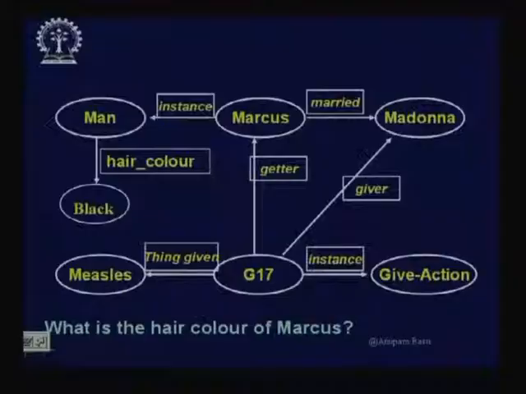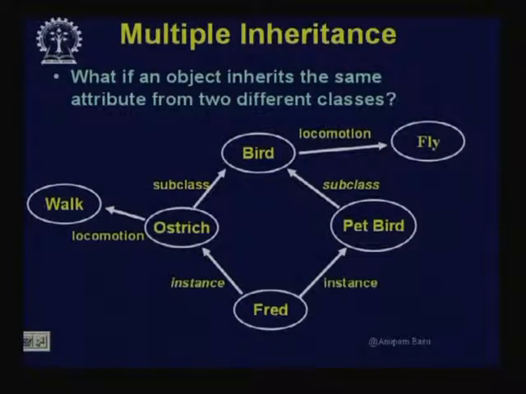But there is a major problem over here, and that is known as the case of multiple inheritance. And what is this multiple inheritance? The problem will occur if an object inherits the same attribute from two different classes. For example, here you see Fred is an instance of pet bird and is an instance of ostrich.